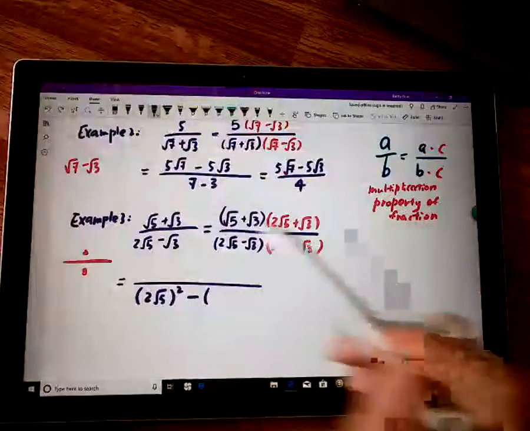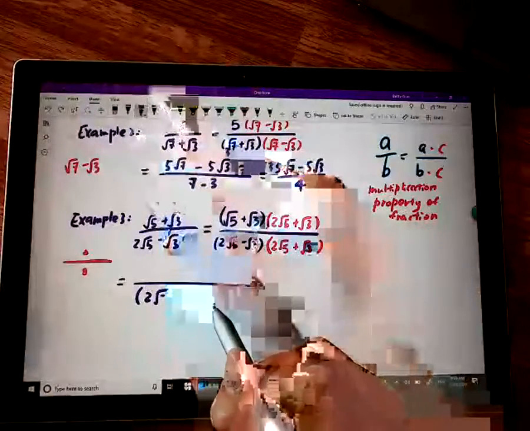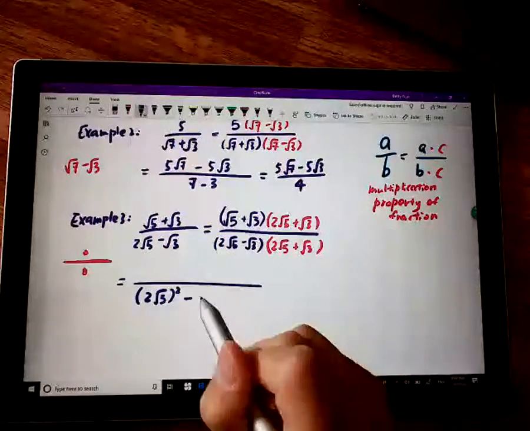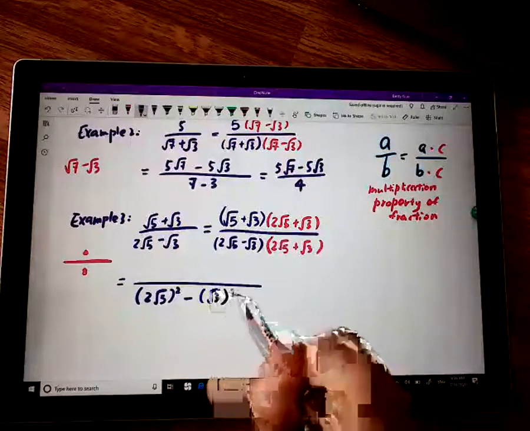Okay, so root 5 to the power 2 minus root 3 to the power 2.